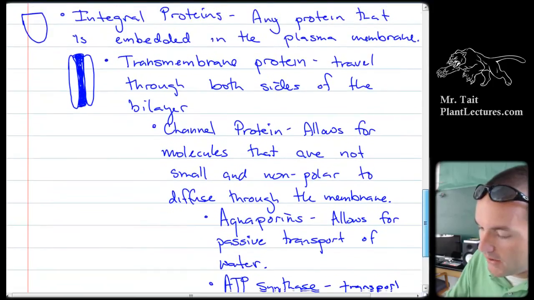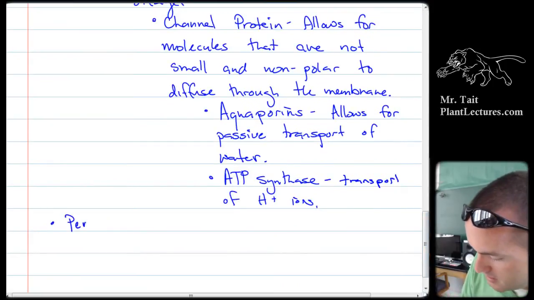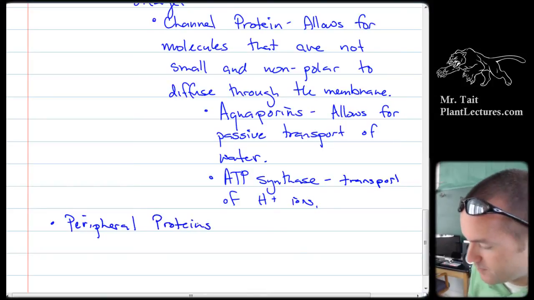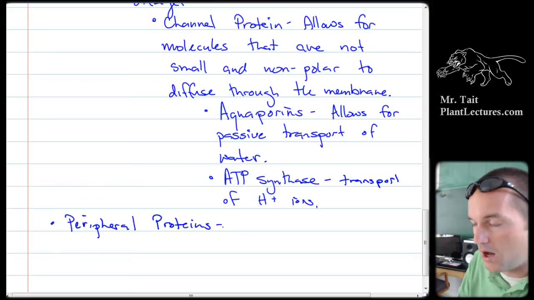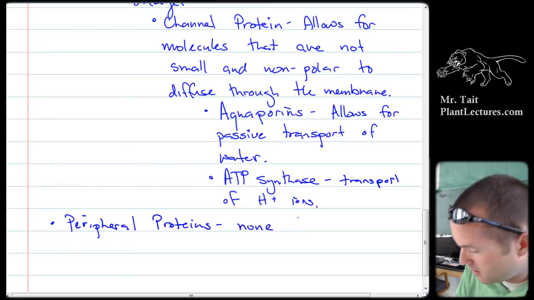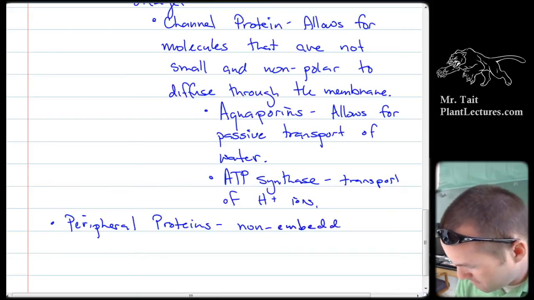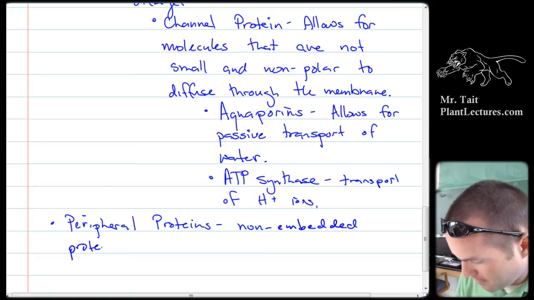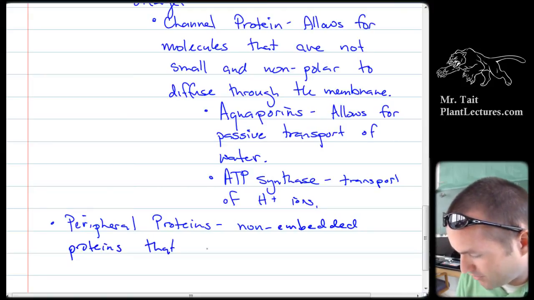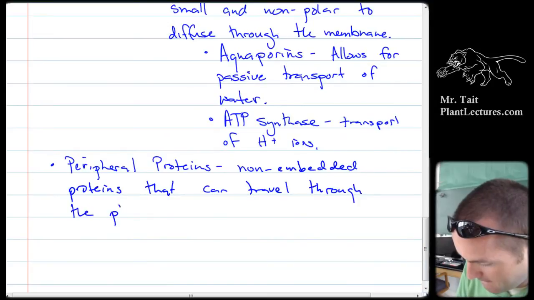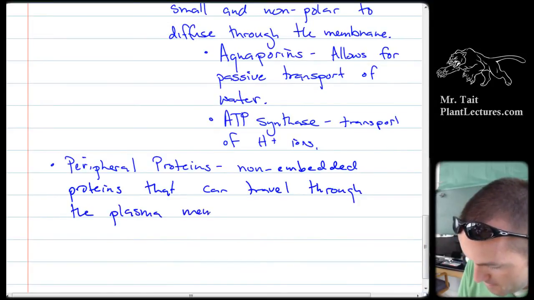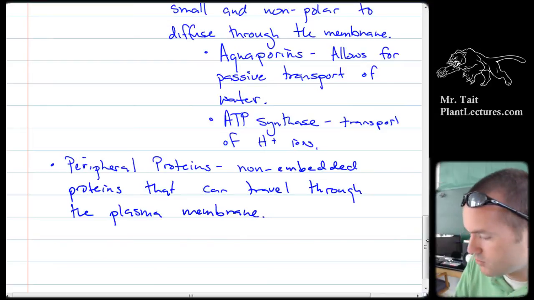Right? And then you got your other class of proteins, which are called peripheral proteins. And peripheral proteins are non-embedded proteins that can travel through the membrane. We're going to talk about two varieties of them.